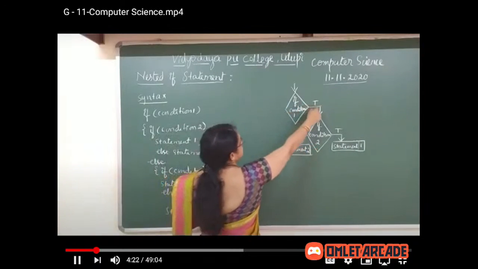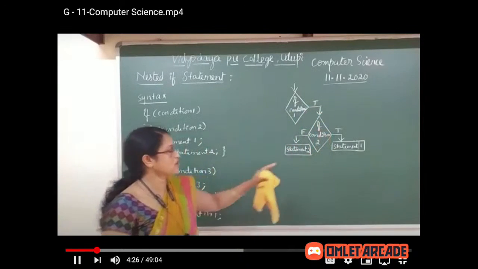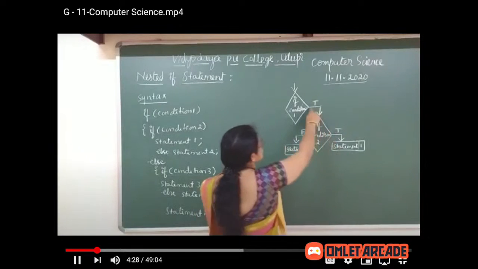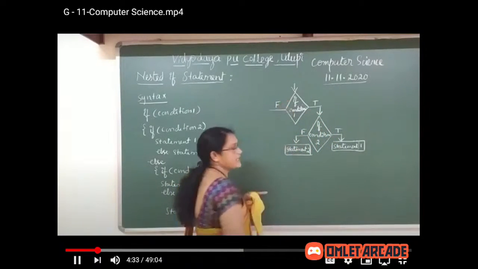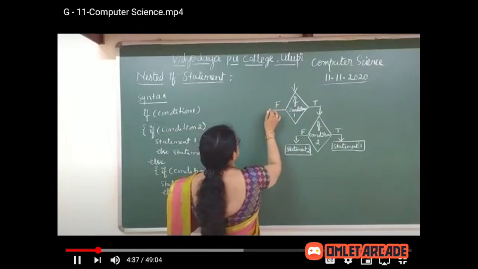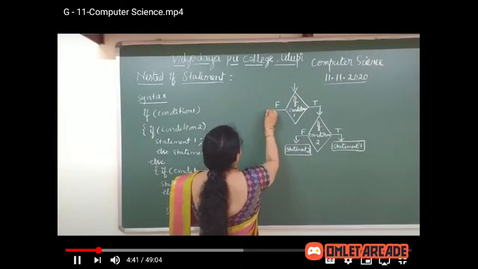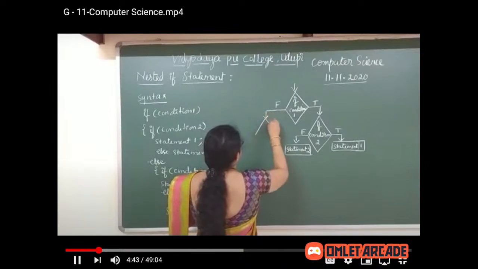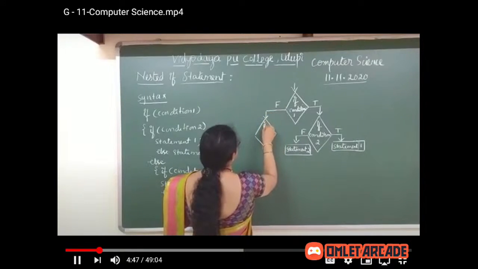Okay, so if this condition is true, then here one more condition. If both the conditions are true, statement 1. If this is true and this is false, statement 2. Next, for one condition there are two directions, true and false. It checks one more condition, that is condition number 3.